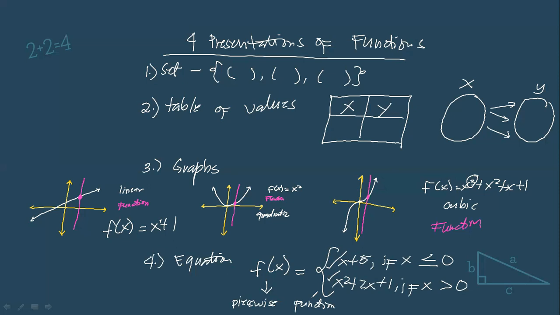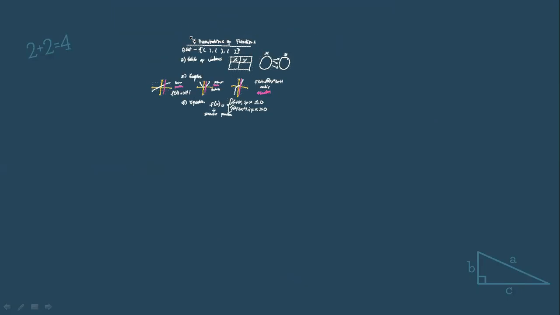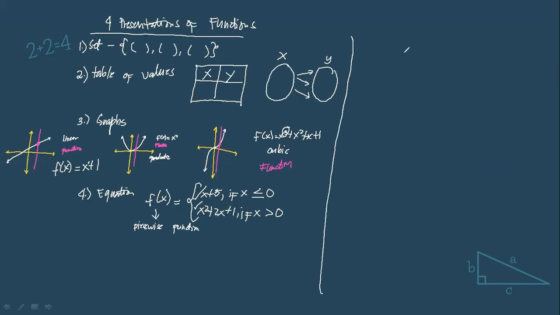A piecewise function is a function composed of two or more equations. An example is f of x is equal to x plus 5 if x is less than or equal to 0, and f of x is x squared plus 2x plus 1 if x is greater than 0.